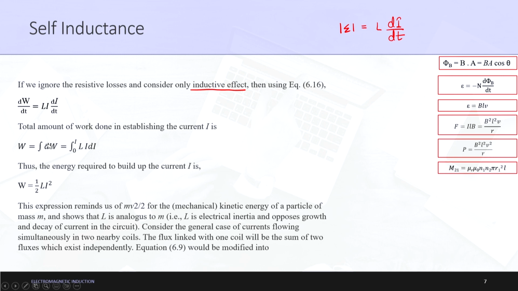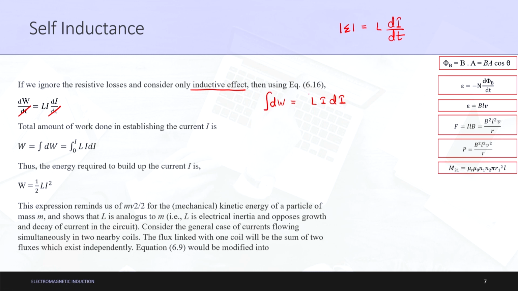Moving on, the total amount of work done in establishing the current I is, we just remove dt from here, and then dW is nothing but L I dI.